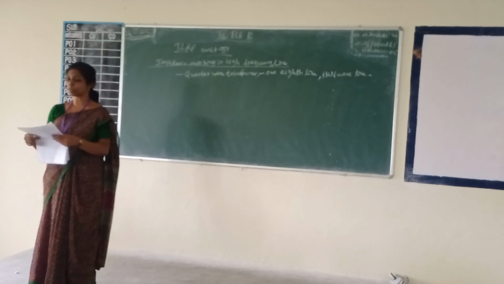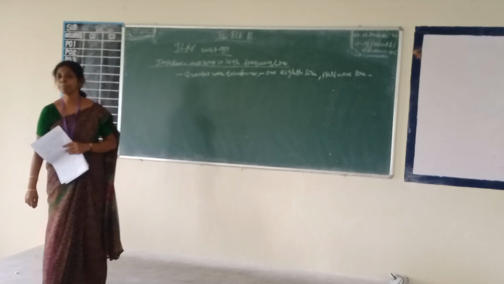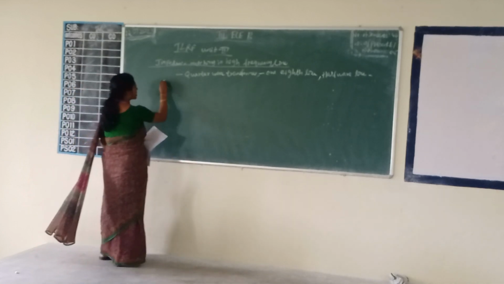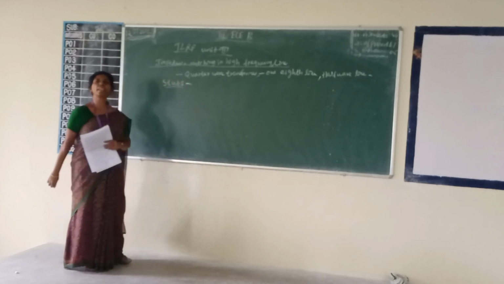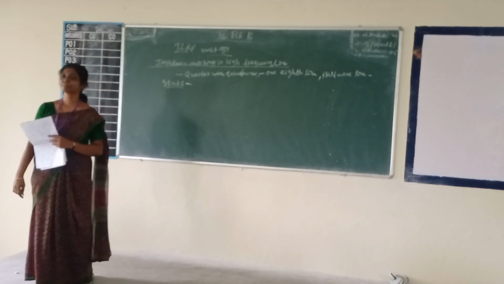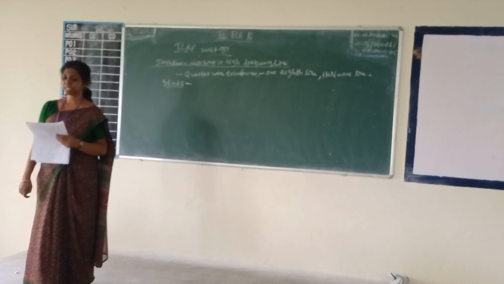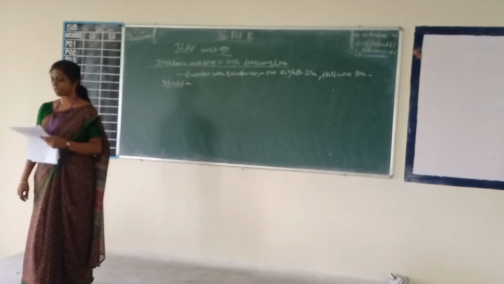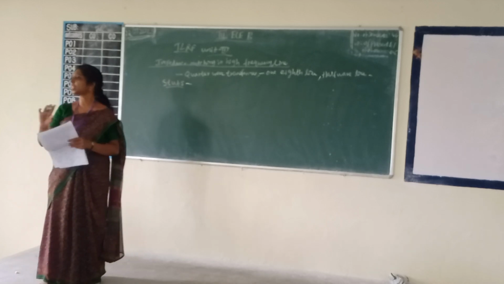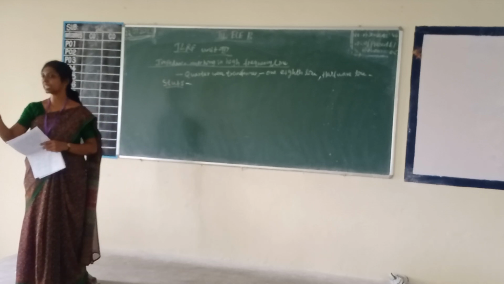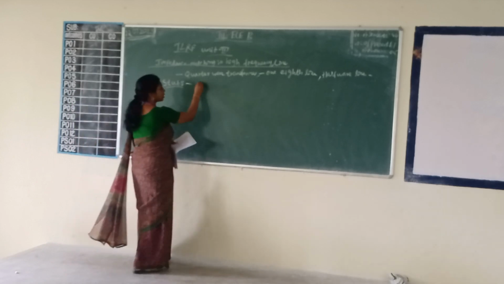The next topic is impedance matching by stubs. Under that, single and double stub matching. Impedance matching by stubs is the general topic heading, and under that the subheadings are single and double stub matching.